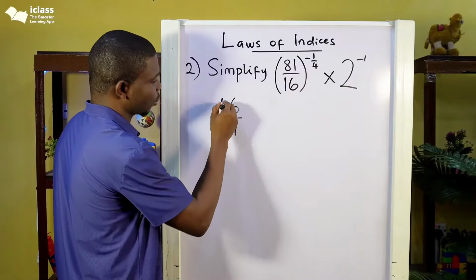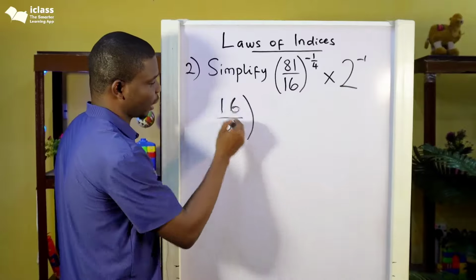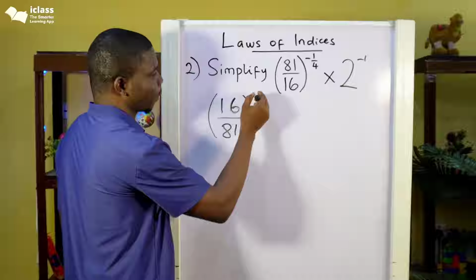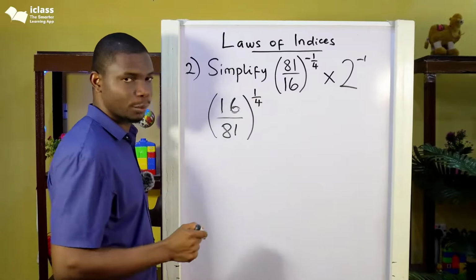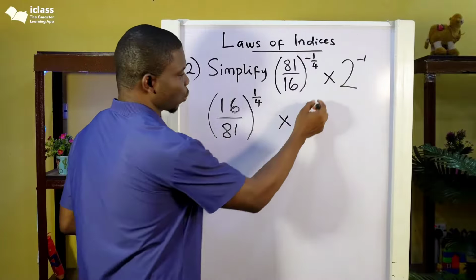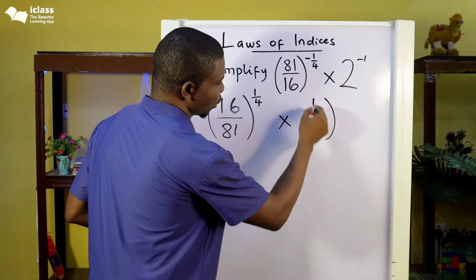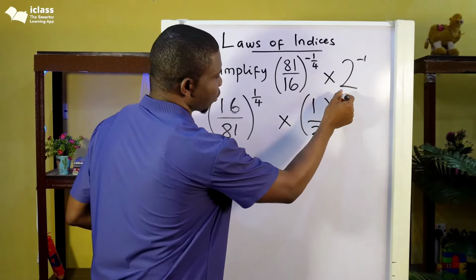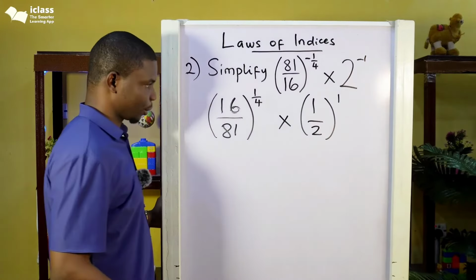All right. So now we can safely take out the negative from the power. And so we have 1 over 4 times, same thing here, the inverse of 2 is 1 over 2. All raised to power what? 1. Good.